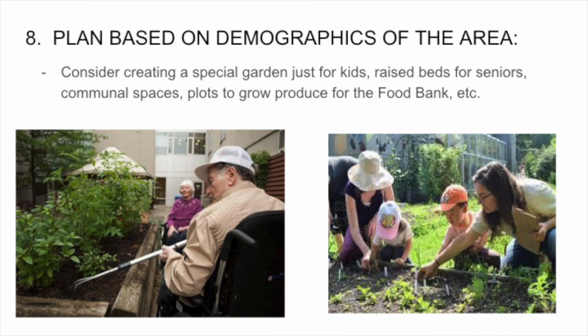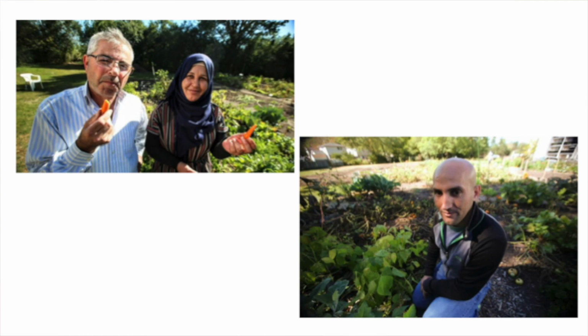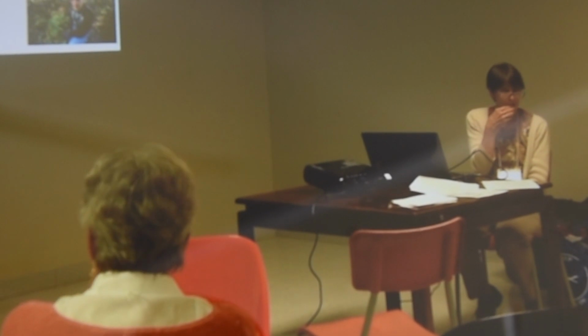Like I mentioned, if you have kids, if you have seniors, and so on. And these are the people that were interviewed on CBC. The gentleman on the bottom is Osama. He's with our family. And that couple right there at the top, that's another Syrian family. At the time, there were 10 Syrian families in the building, and they all participated.